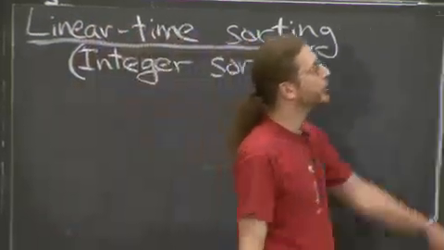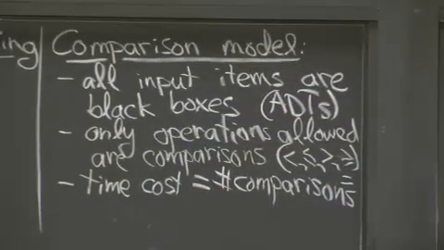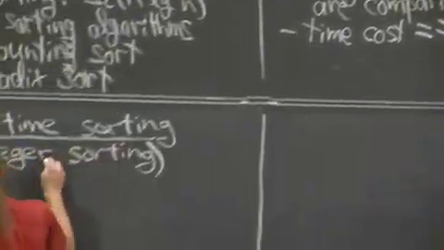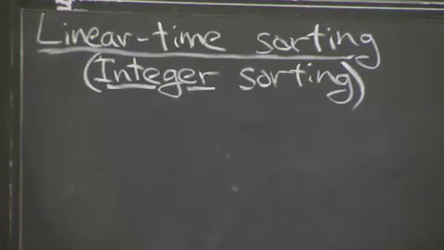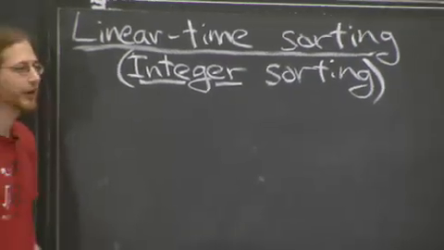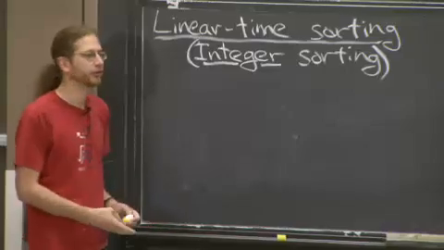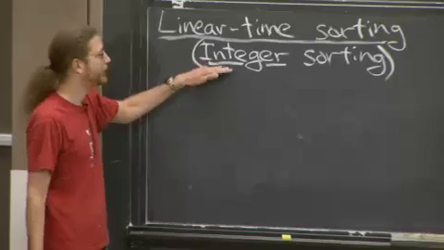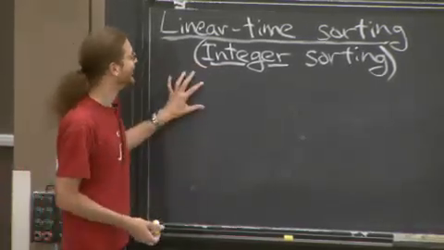Okay, so far we've been talking about comparison sorting, where the items you're given, the only thing you know about them is that you can compare them in constant time. But now we're going to think about the situation where the things that you're sorting are integers. That's a big assumption. But it's a practical assumption. A lot of the time, if you're not sorting integers, you can map whatever the heck you're sorting into integers. And usually, it's already been done because you're representing it on a computer. You've already represented your thing as an integer of sorts. Bad pun.